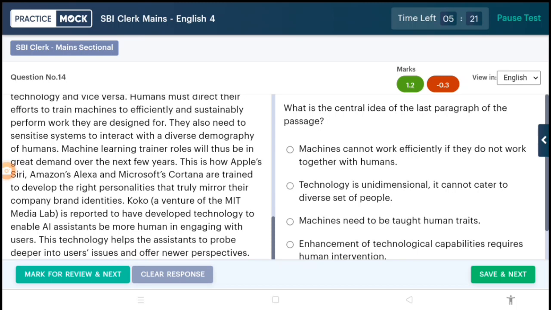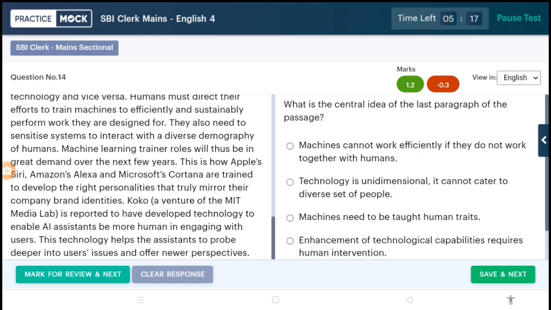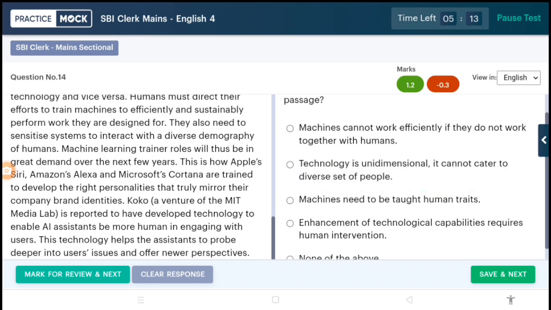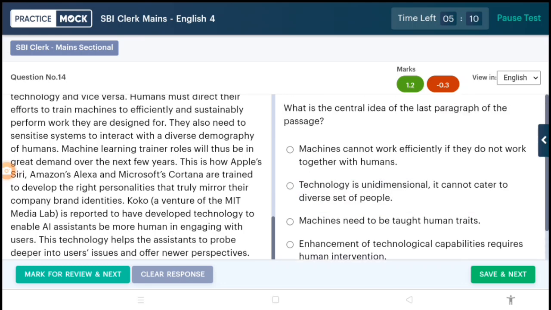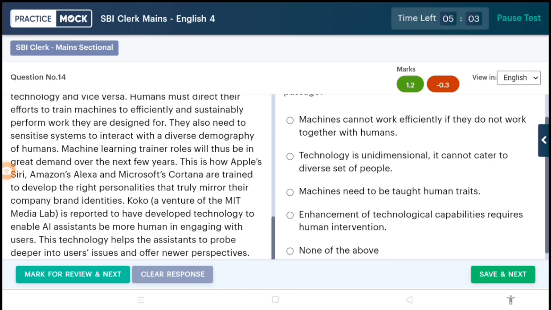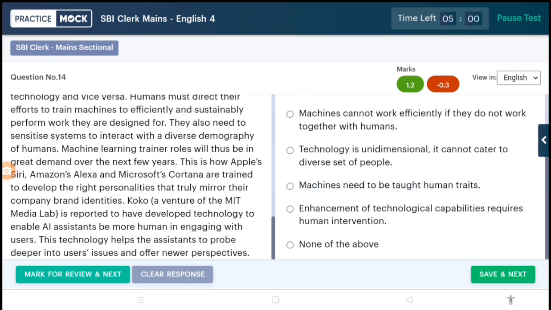This technology helps the system to probe deeper into users' issues. Technology capabilities require human intervention. It's the assistant.